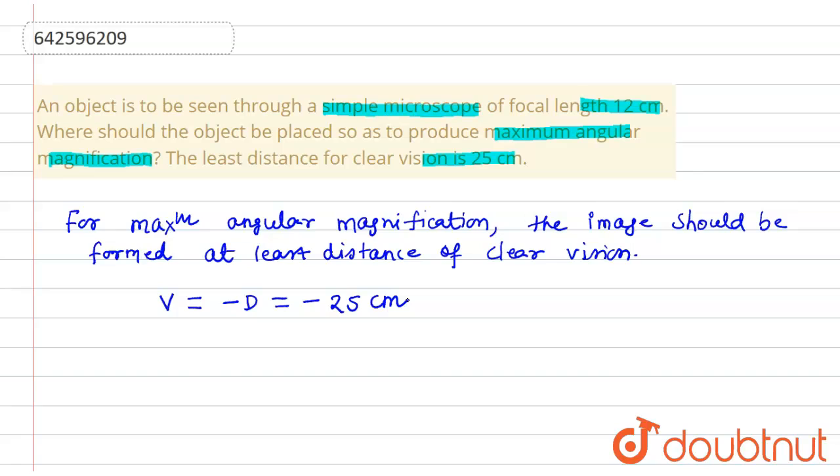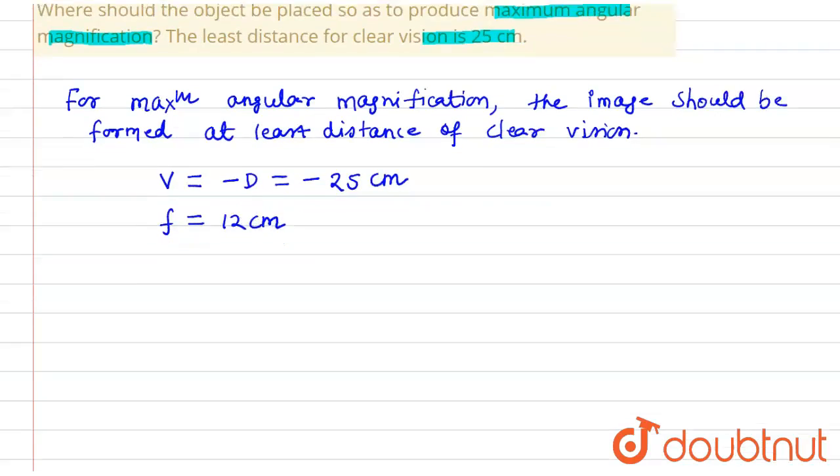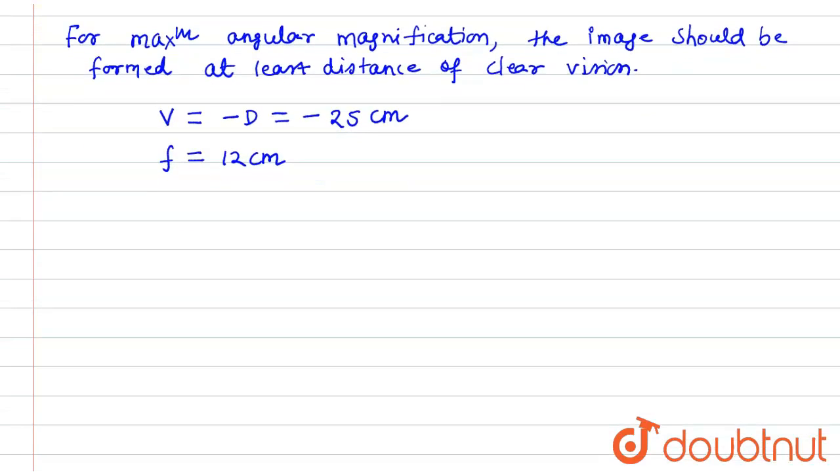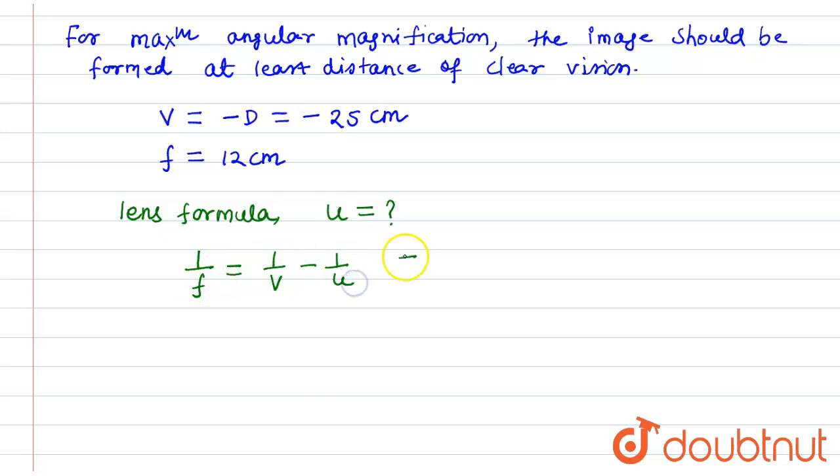Okay, and we are given the focal length as 12 centimeter. So from the lens formula, we have to calculate the object position. We know that 1 upon f equals 1 upon v minus 1 upon u.